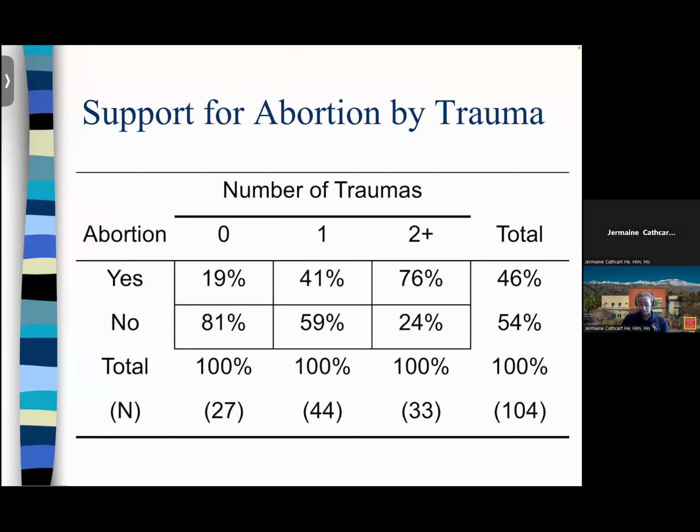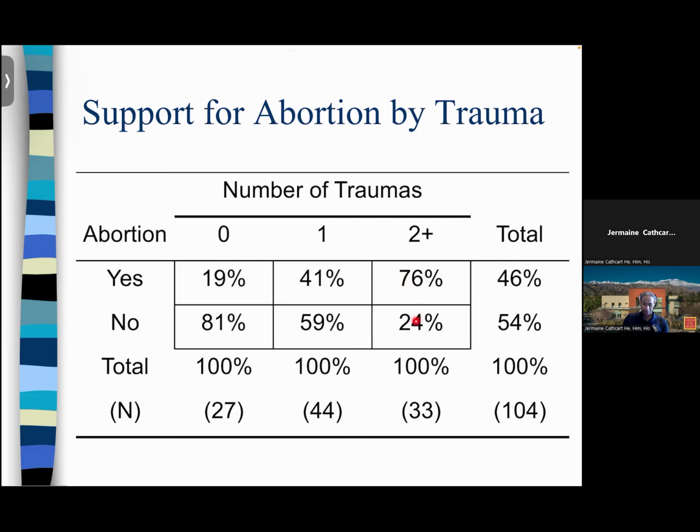Now, looking at this, I think that there's a pretty clear relationship. That is, if you have zero traumas, you typically don't tend to support abortion. With one trauma, your support for abortion seems higher. And then with two or more, you are really supporting abortion.